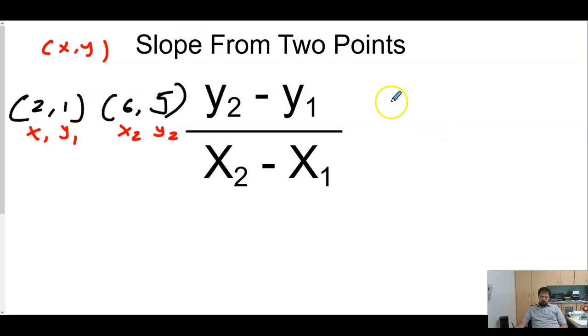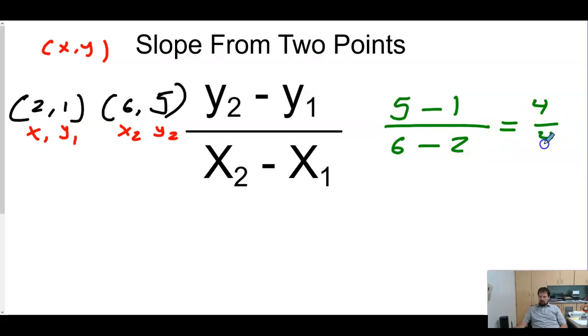So we got y2, which in this case is 5, minus y1, which is 1, over x2, which is 6, minus x1, which is 2. And now 5 minus 1 is 4, 6 minus 2 is 4, and 4 over 4 can be simplified to 1. So my slope would be 1.